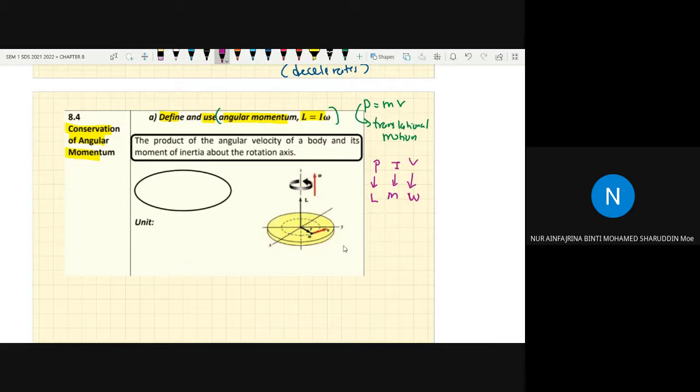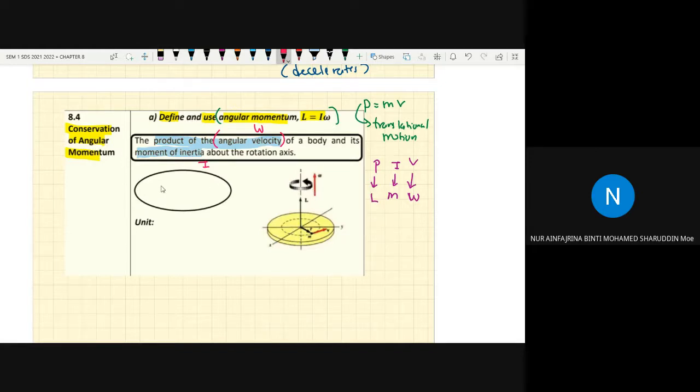Okay. So what is the definition of angular momentum? Dia adalah product of angular velocity of a body and its moment of inertia about the rotation axis. Tenang je. Itu je pasal angular momentum.